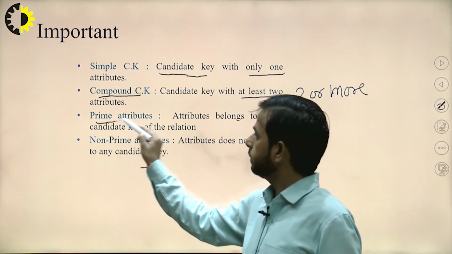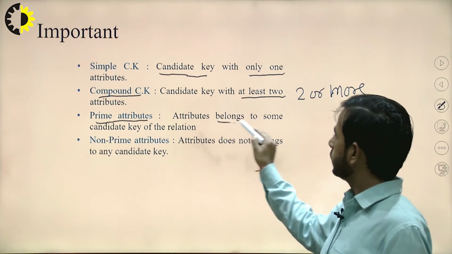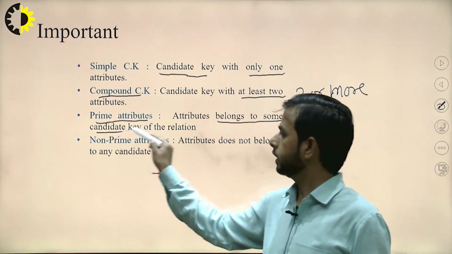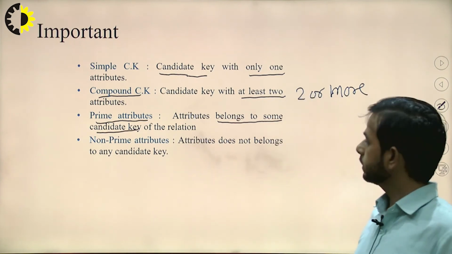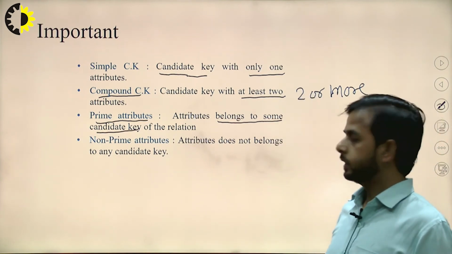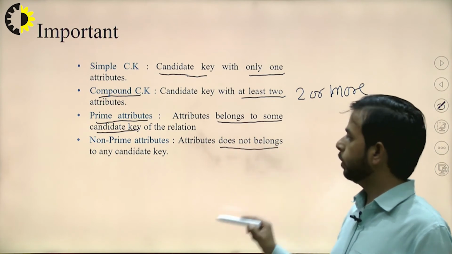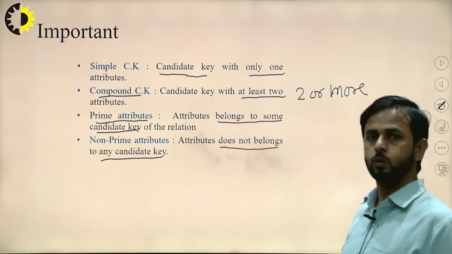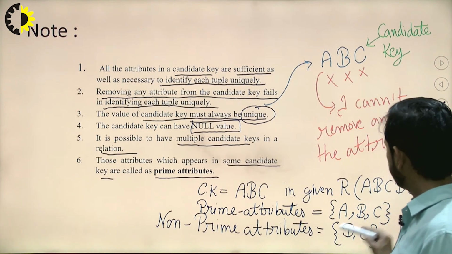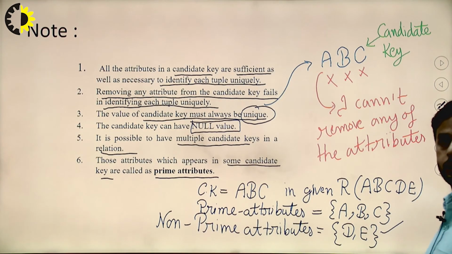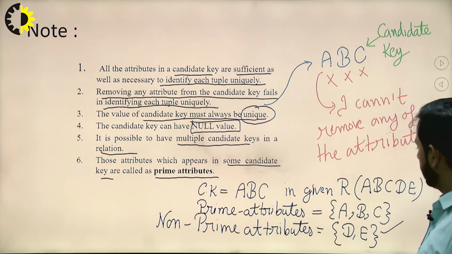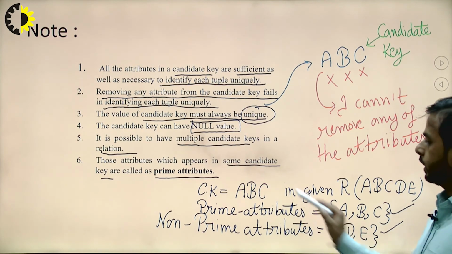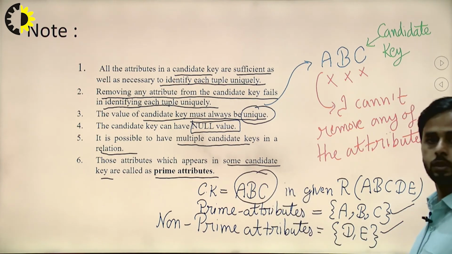Next, the prime attribute: attributes which belong to some candidate key of the relation. Next is the non-prime attribute: an attribute that does not belong to any candidate key. Just like in the previous example, D and E do not belong to any candidate key, so these are the non-prime attributes, and A, B, C belong to the candidate key ABC, so these are the prime attributes.